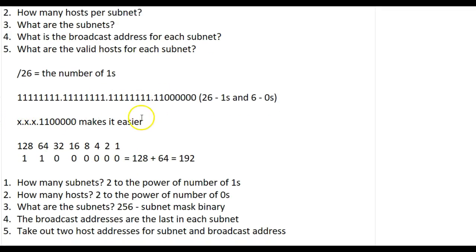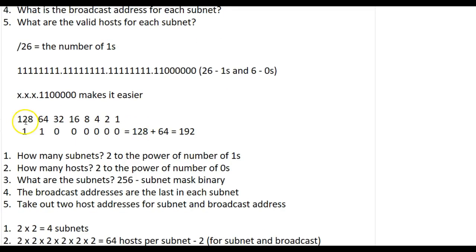Then you run through our calculations again of 128, 64, 32, 16, 8, 4, 2, and 1. And if you write out the 2 that are ones, it would be 128 and 64, which equals 192.